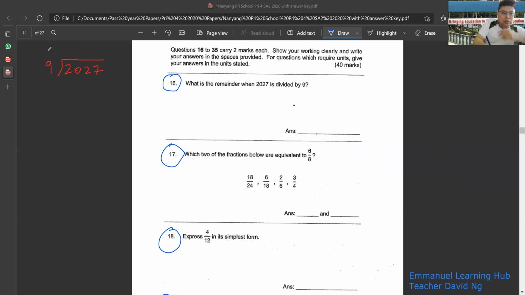Okay, let's do this together. 9 times what equals 20? 9 times 2, very good, equals 18. Then bring down the 2. After that, 9 times 2 equals 18, so you put 18 below.